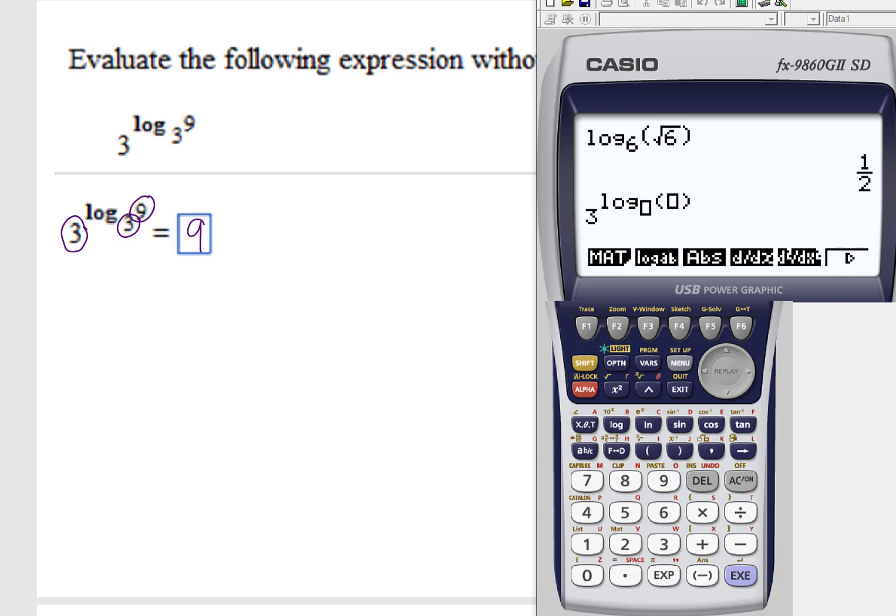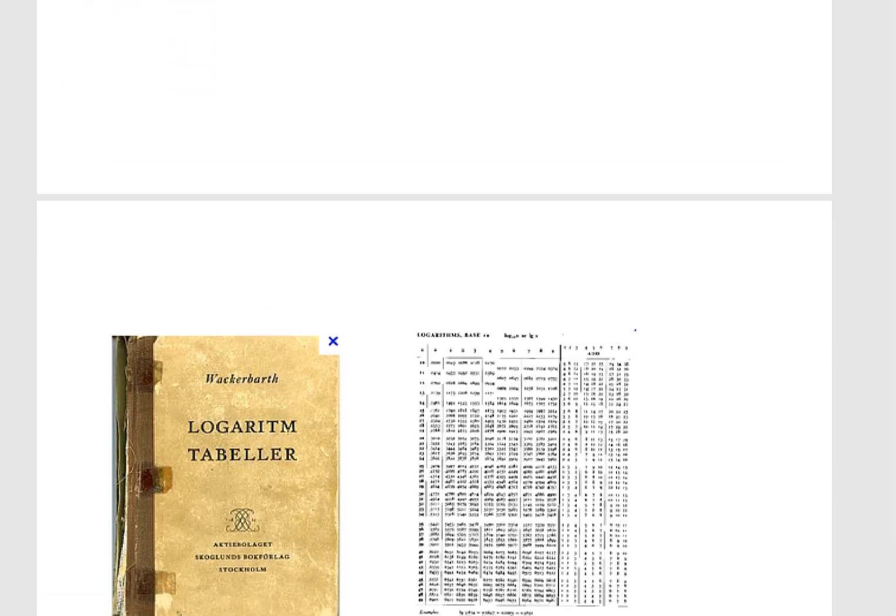It's not being multiplied by the log base 3 of 9. And I get that 9. So when in doubt, use your calculator regardless to check it. But know the rules, learn the rules, and then use your calculator to confirm that.